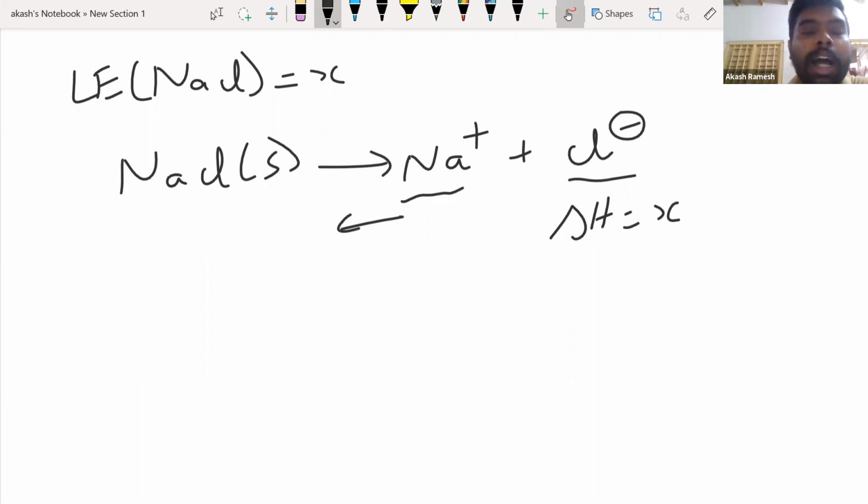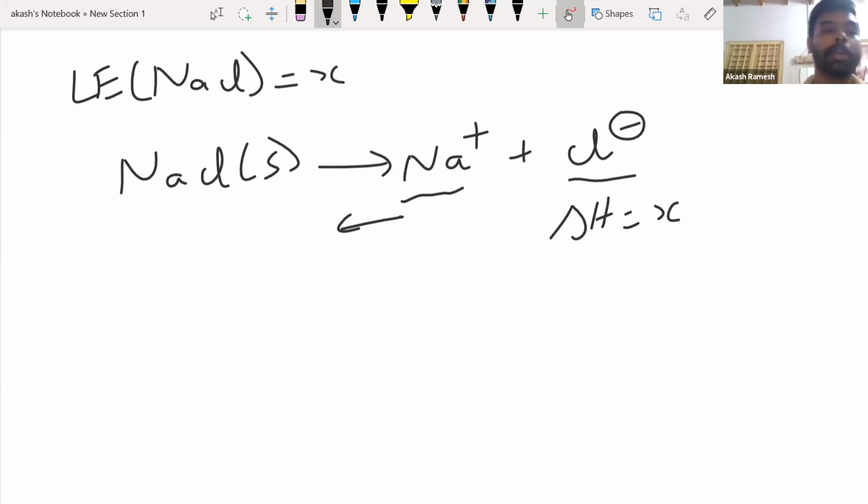As I told you, you will not be able to directly find out the lattice enthalpy because a lot of other phenomena are involved in breaking or making the lattice. You'll not be able to directly find it out. But there was one scientist who helped us find out the lattice enthalpy of these crystal structures.